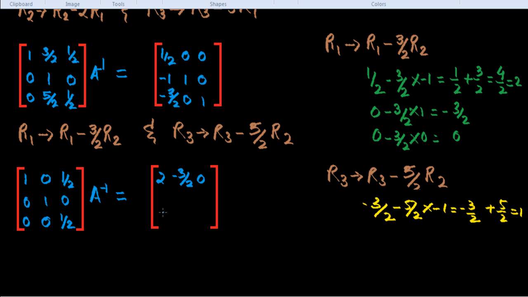And this would remain same because it is minus 1, 1, 0. There is no transformation in this row. Now in this one, it is 0 minus 5 by 2 into 1. We get here minus 5 by 2. And this one is 1.